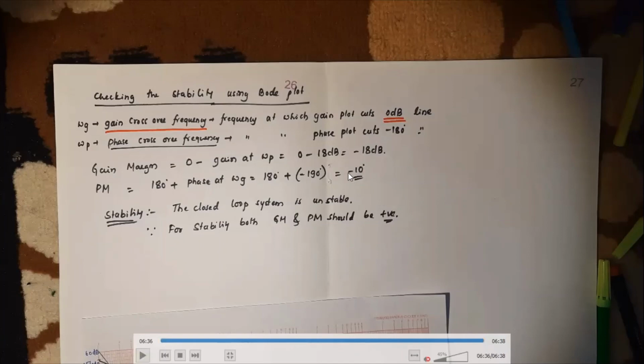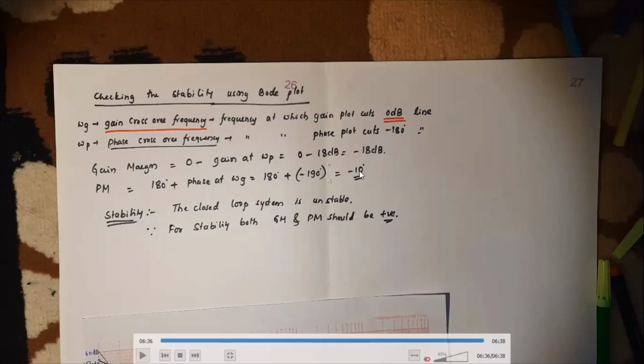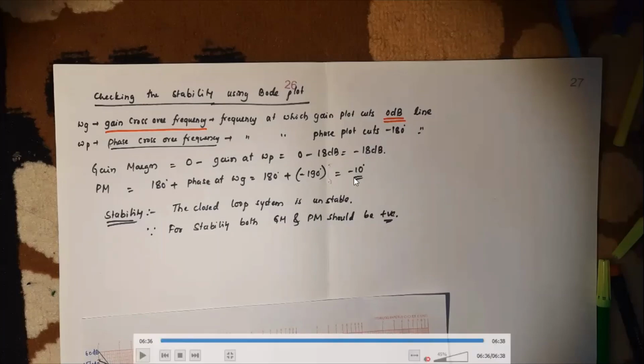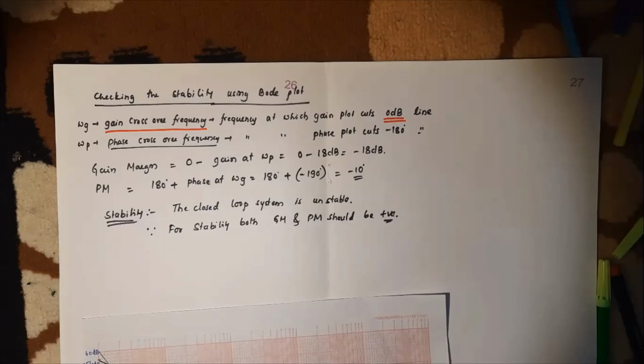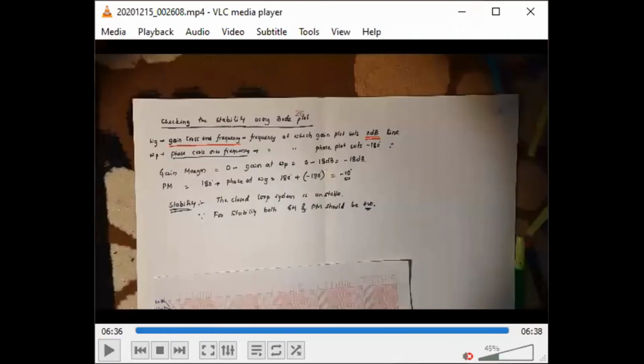All are acceptable, but it should remain negative, which is evident from the graph. So for the present numerical, since both are negative, the system is unstable. And for stability, both gain margin and phase margin should be positive. It means if you end up with a positive gain margin and negative phase margin, the system is unstable, or a negative gain margin and positive phase margin, the system is unstable. So both should be positive for a stable system, I mean closed loop stability.